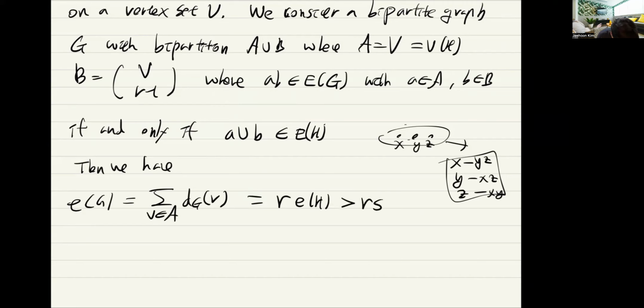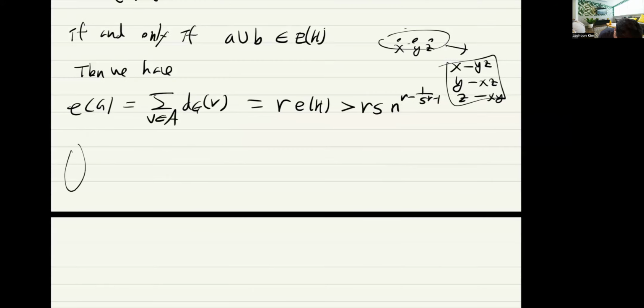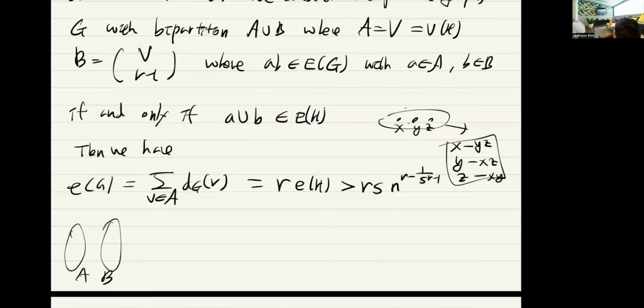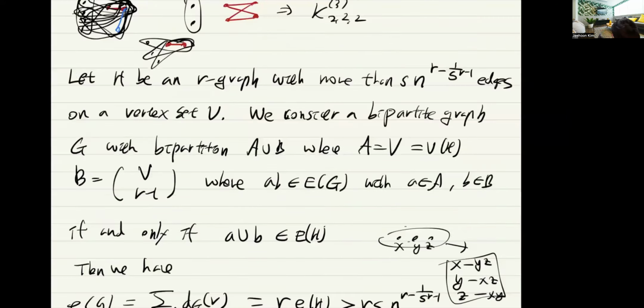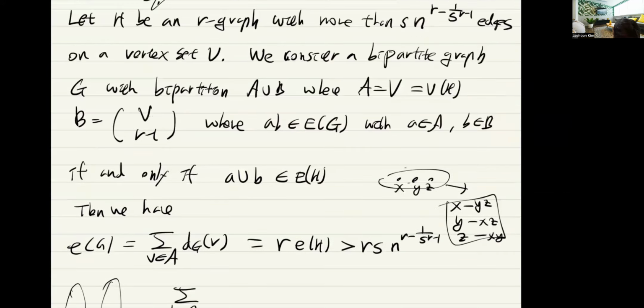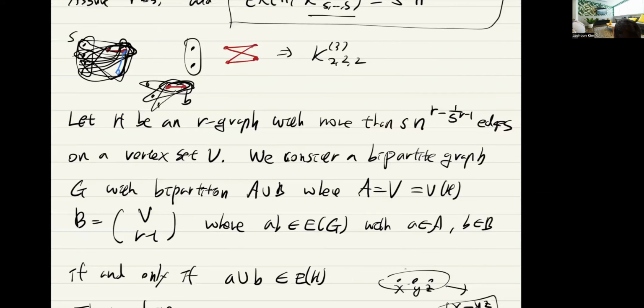And that's bigger than R times S times n to the R minus 1 over S to the R minus 1. Now, similarly as before, as we were counting K_{1,2}, now we count this structure. For each B, how do we count the A's?